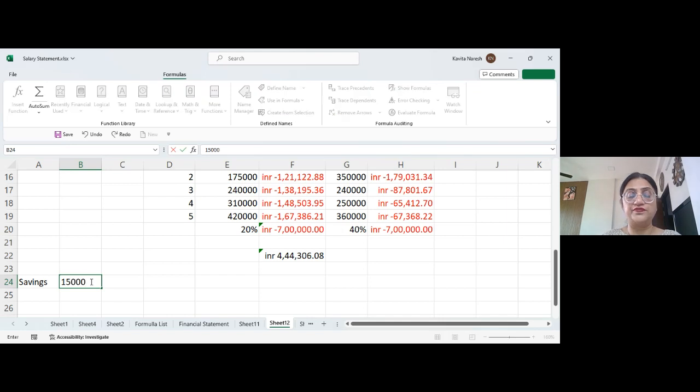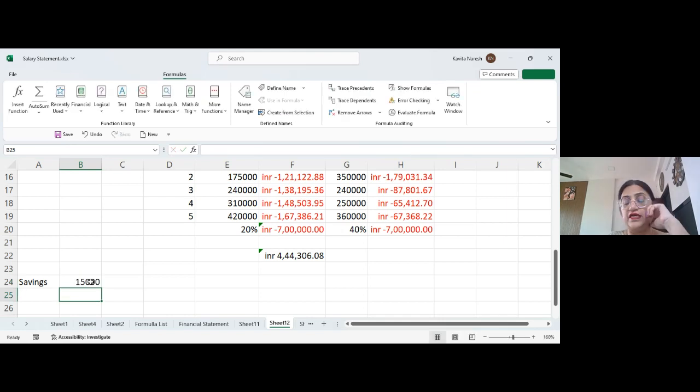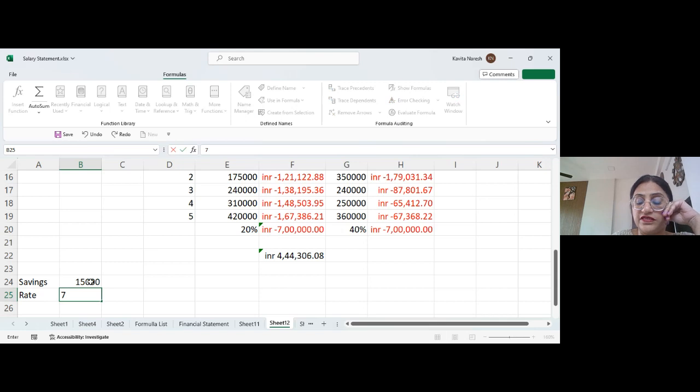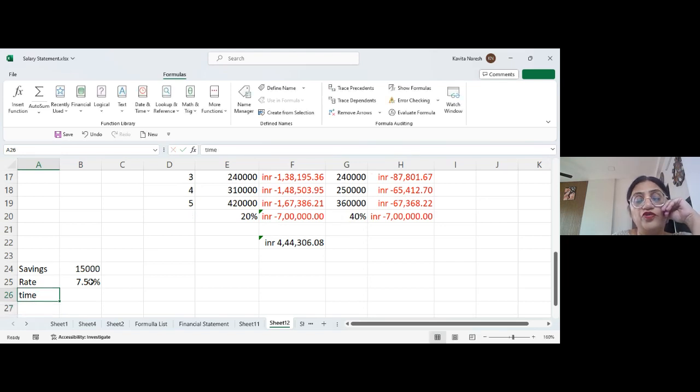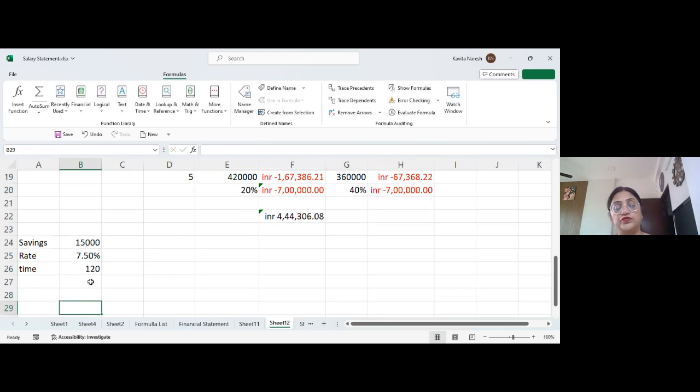And the rate which you will get is the same, I'm taking the same parameter here, 7.5%. In time, how much time? You will deposit for 120 months. After 10 years, what will be the value of your given amount? Listen carefully.